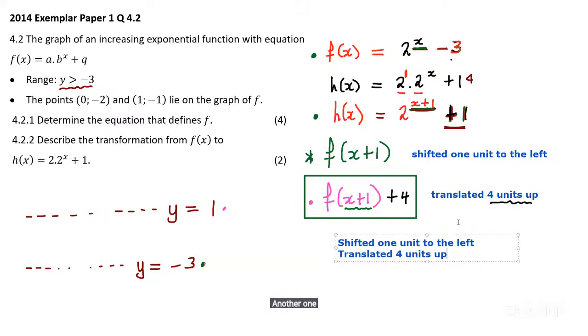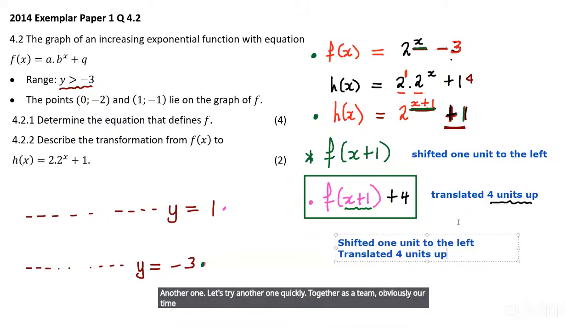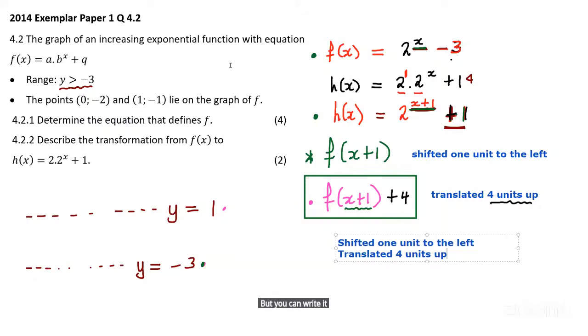Let's try another one quickly together as a team. Obviously our time is moving, but we'll try another one, just to reiterate all these things. You can write it in words.